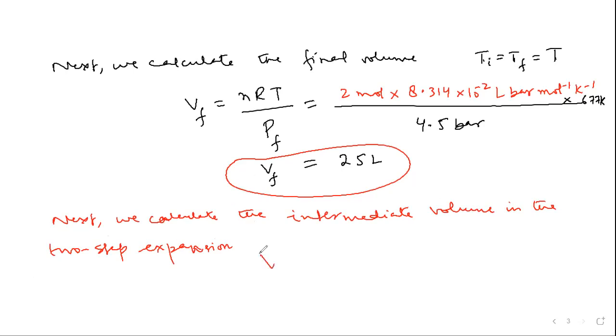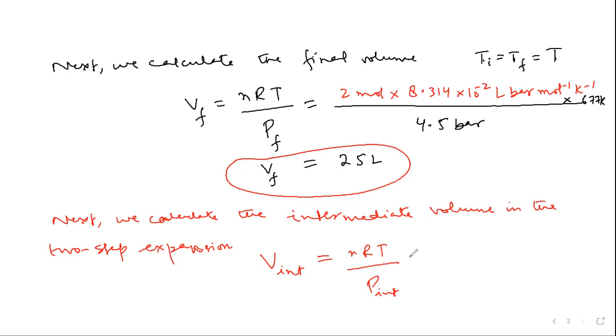So we call that V intermediate, V int, which will be equal to nRT by P intermediate, the intermediate pressure, which is 11 bar, as we have discussed.